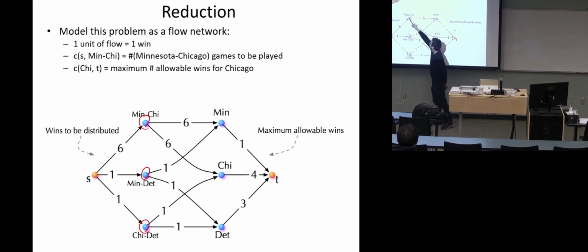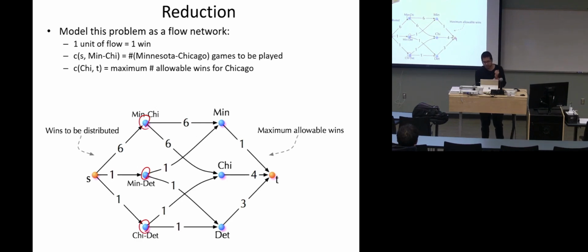So this guy will connect to the 2 teams that participated in this match. And you can put the capacity of 6 here. That's fine. Okay. So that's the reduction.